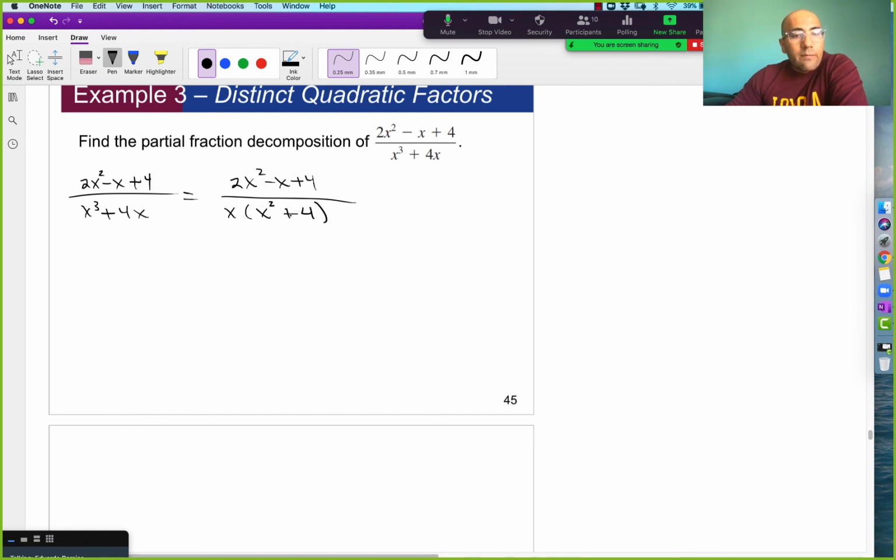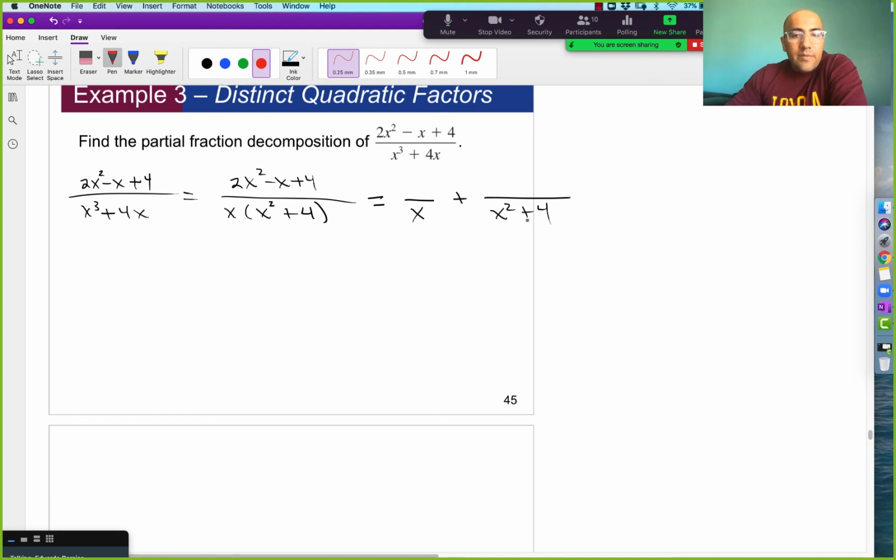If it was an x squared minus 4, then it would factor. But x squared plus 4 does not factor any further. So what this theorem is saying is that this is going to break down into two separate fractions, where we have a term for the x, and a separate fraction for the x squared plus 4.